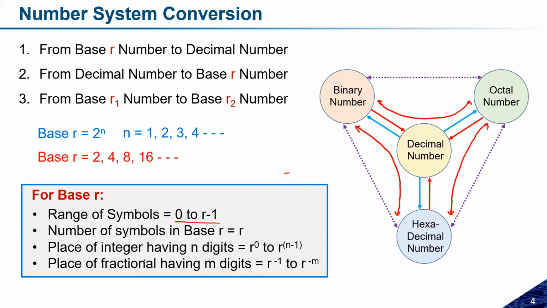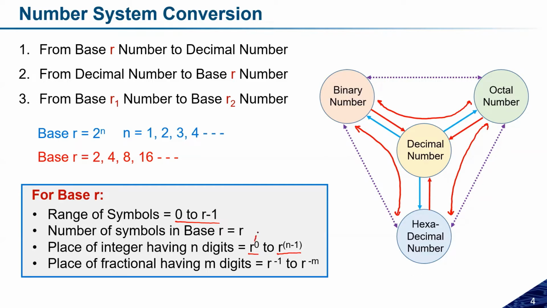And the places of an integer having n digits range from r^0 to r^(n-1). If we recall the previous lecture, we wrote a formula where we gave some weight to each integer part digit, and similarly to the fractional part. So the range is from r to the power 0 to r to the power n minus 1.